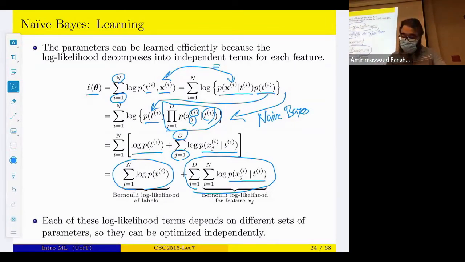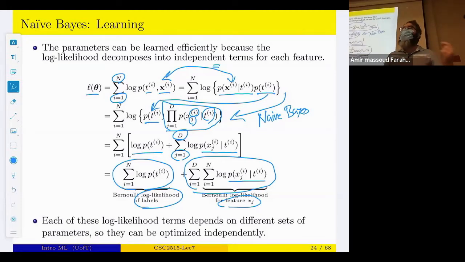So this is the Bernoulli likelihood for labels. This would be the likelihood for feature Xj. I think this requires a little bit of thinking, because each of these probabilities is represented using different parameters.